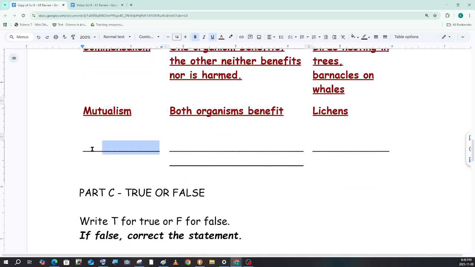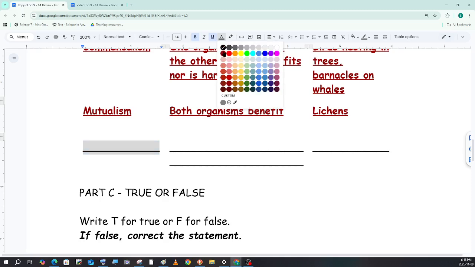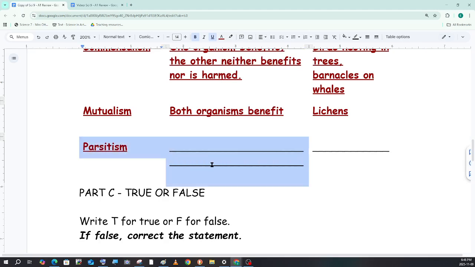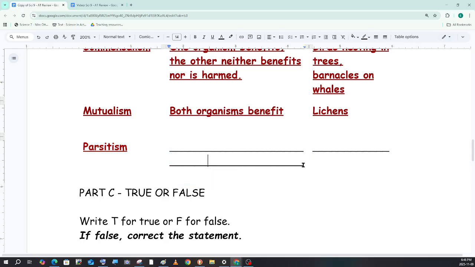All right, and the last kind of symbiosis is called parasitism. This is where one organism benefits and the other one is harmed.